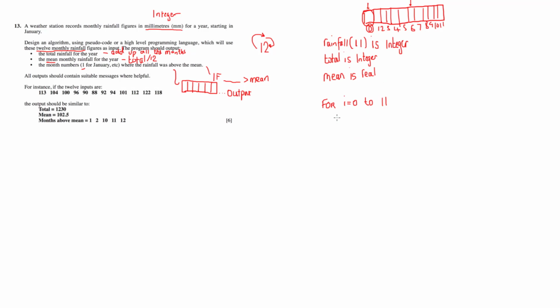So if I want to get something into my array, I will say rainfall. That's the name of the array. At the position of what? So if I wanted to put something in position 0, I'd write 0 in there. If I wanted to put it in position 6, I'd write 6 in there. Now obviously you can't write rainfall 0, rainfall 1, rainfall 2, rainfall 3, because that would be inefficient.